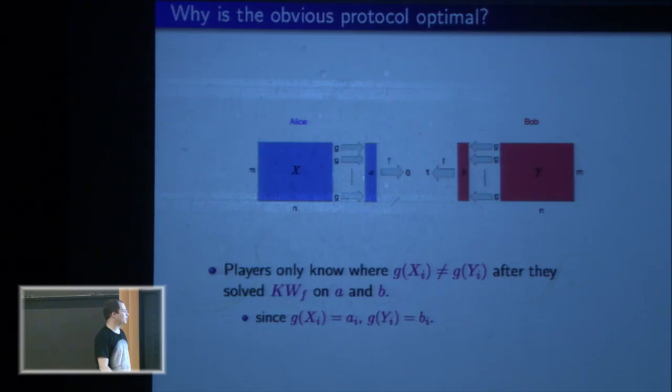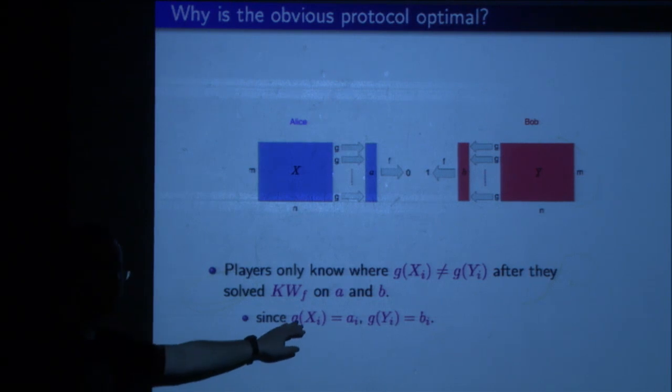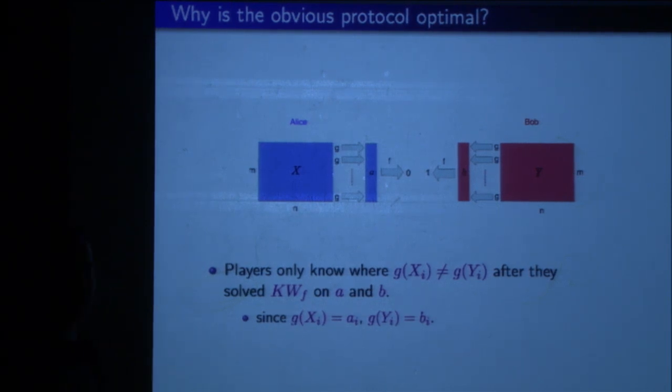Yeah, they can send it, but in order to find such a row, they could send all of the outputs G of xi and G of yi, but in order to do that, they will have to send m bits or 2m bits, and this is much larger than the complexity of f, say. To know where, not whether. Yeah, they have to know on which row the output G of xi is different than G of yi.